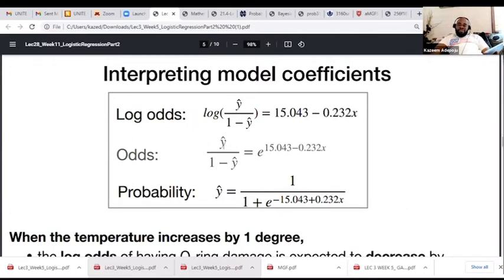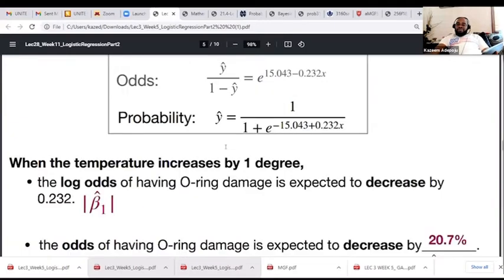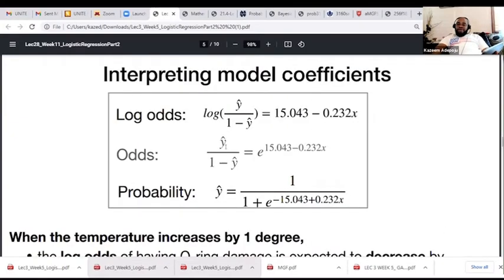So take a look at that. Before, I think I've walked you through how to interpret all of this. They're going to move in the same direction, in this case the negative direction.